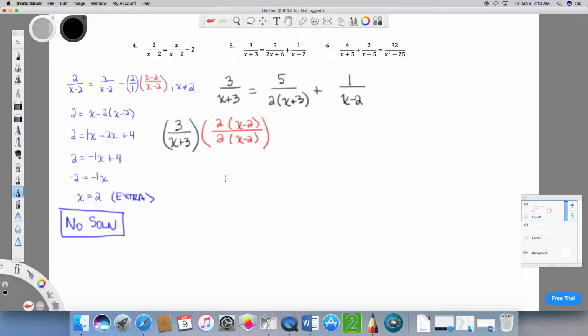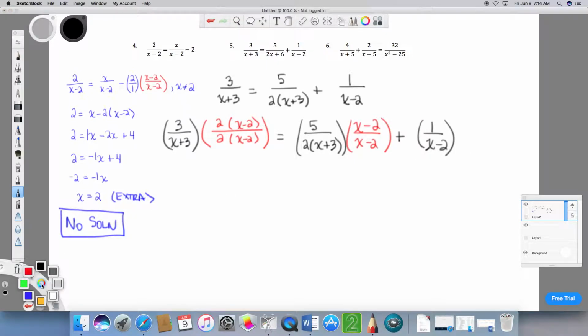On the right-hand side, this first term, this denominator, is missing a factor of x minus 2. So x minus 2 divided by x minus 2, that's just the number 1. So we're not changing the value of any of these terms, but we are going to get a new expression for each term, and all of these terms will have the same denominator.